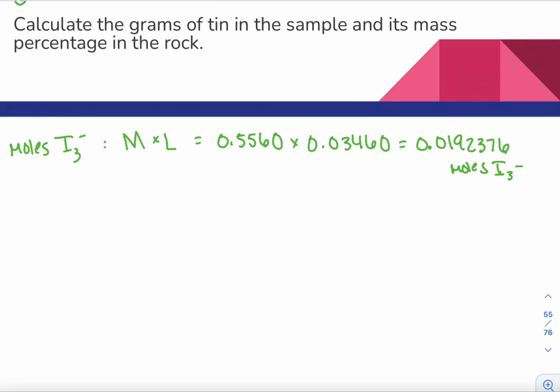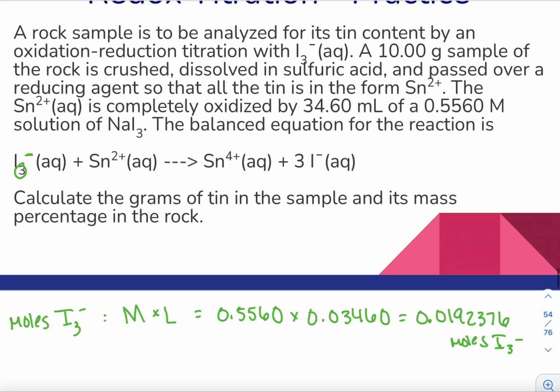And then we're going to use that to get grams of tin. I'm sorry, I paused because I kind of skipped over a part here, but again, it doesn't matter.